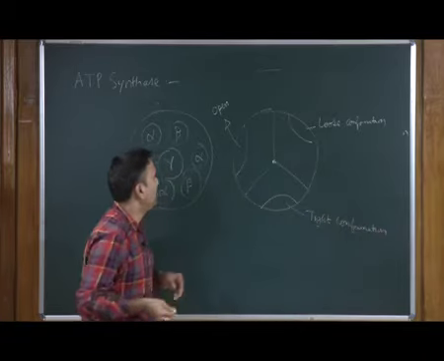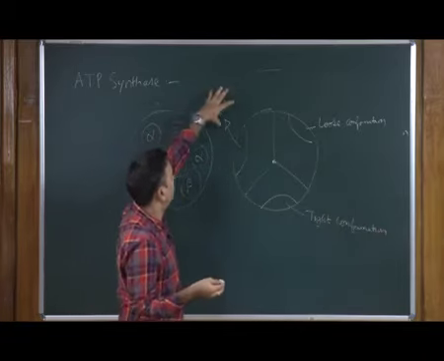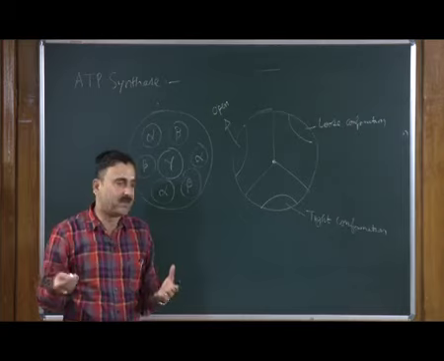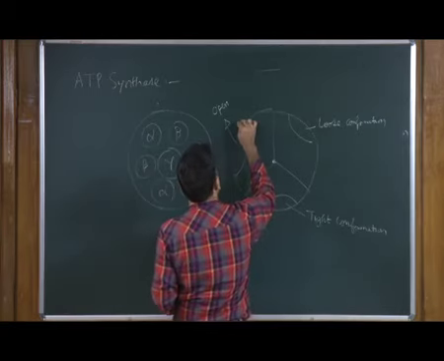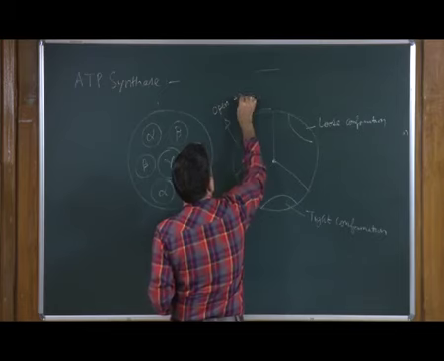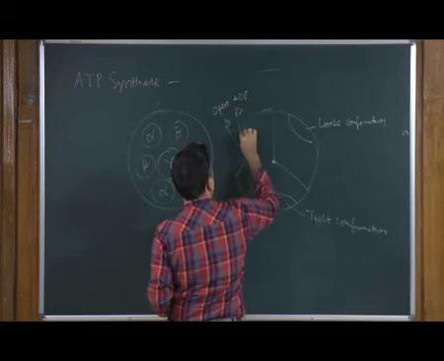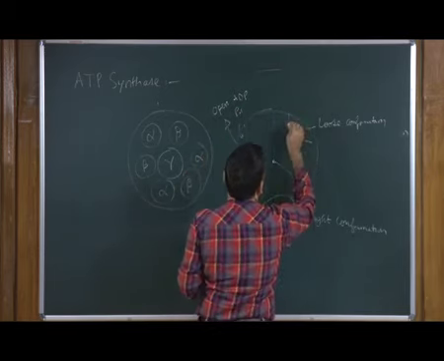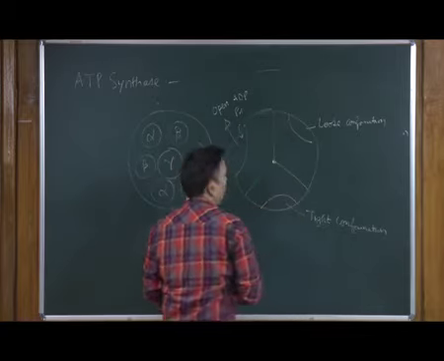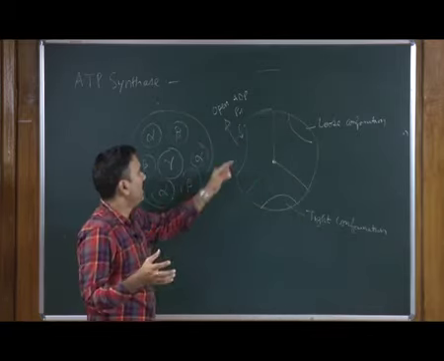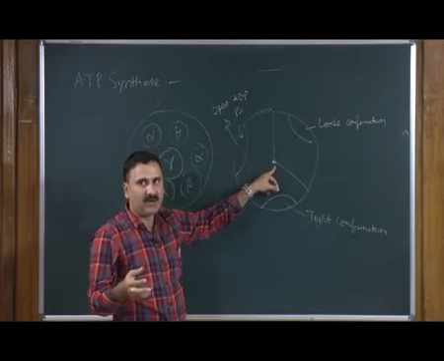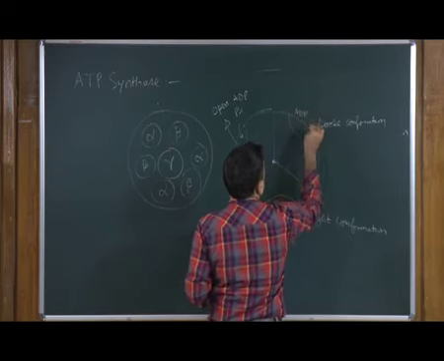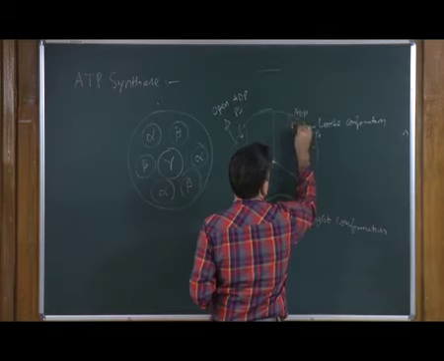So, what happens is that the open conformation or the open site is actually the active site which can receive the substrates. So, this open site actually gets initially ADP and PI. So, they come and bind to this site, and then there is a conformational change in the beta subunit because of the movement of the gamma chain, and as a result the ADP and PI go and bind to the loose binding site.